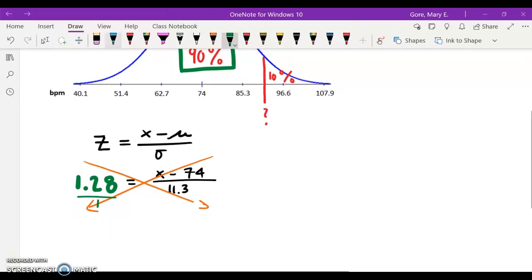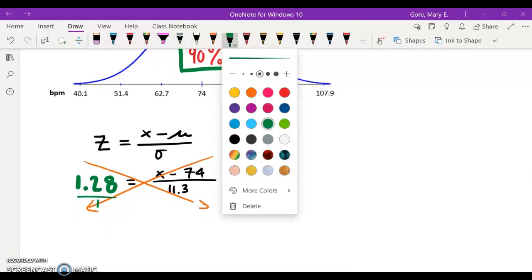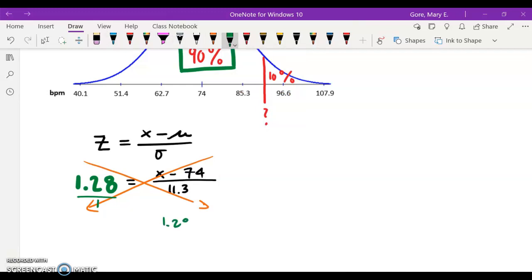So we're going to end up with the 1.28 times 11.3, and that equals the 1 times x minus 74. All right, so there we have it. No more fractions. That's the beauty of cross multiplication.